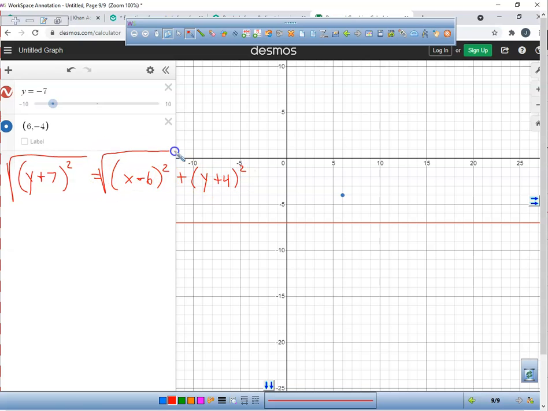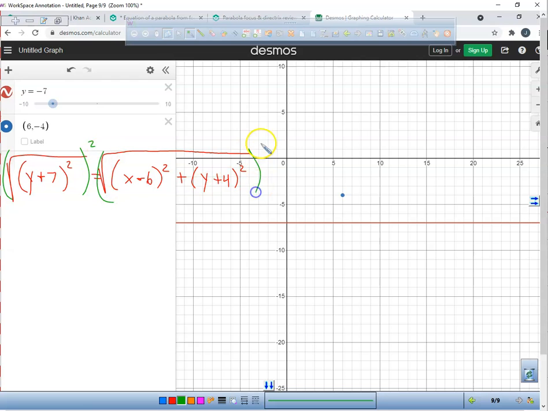And that's all underneath the radical. And how do we get rid of those? We square both sides. So you have y plus 7 squared equals x minus 6 squared plus y plus 4 squared.